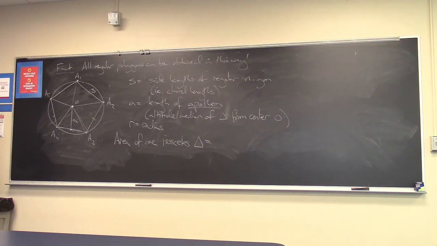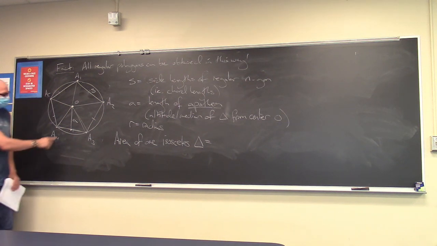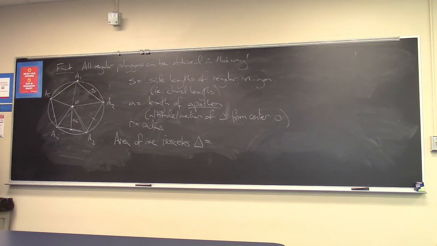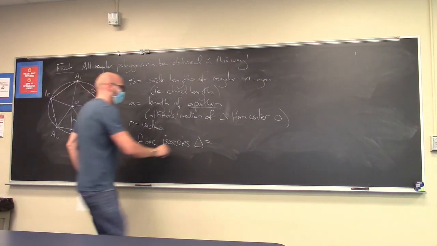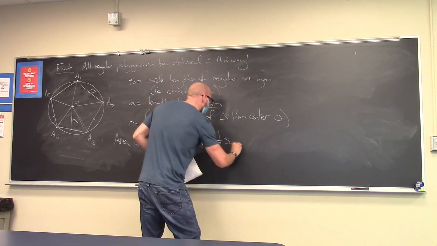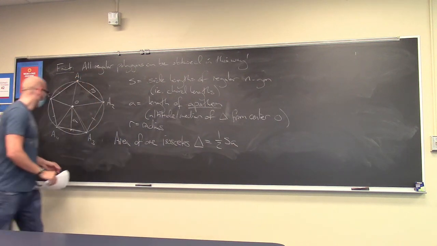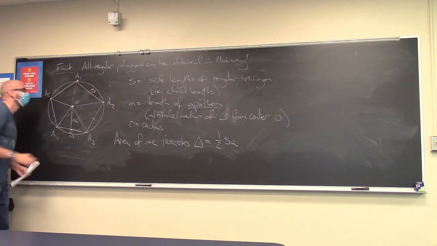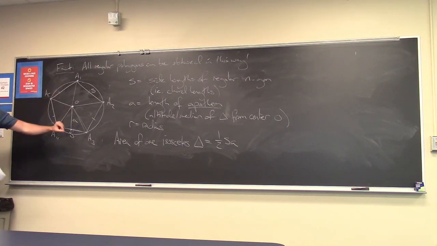Not 1/2 R. Remember it's base, right? The base is S. So it's 1/2 times AS. In my notes I've got SA, so we'll go the other way around: 1/2 times the base, which has length S, times the height, the apothem A.